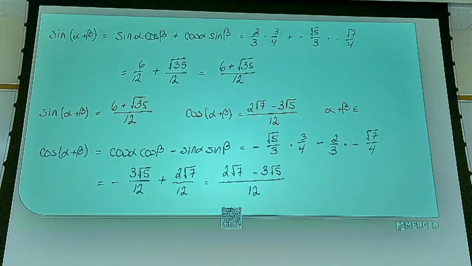Is that positive or negative? That is negative. 28 is less than 45, so root 28 is less than root 45. Sine is positive, cosine is negative. What quadrant are we in? 2. Alpha plus beta is located in the second quadrant.